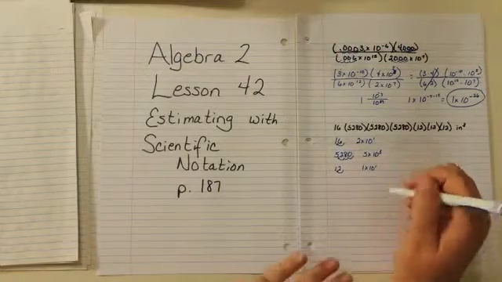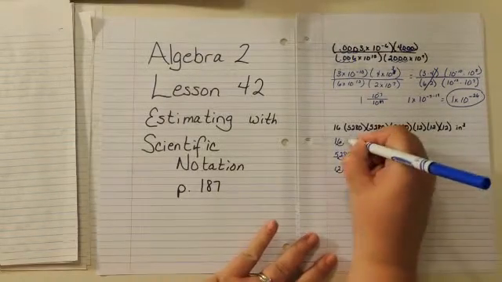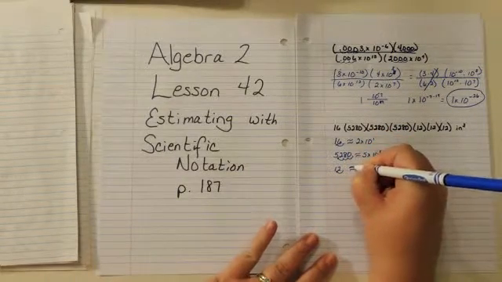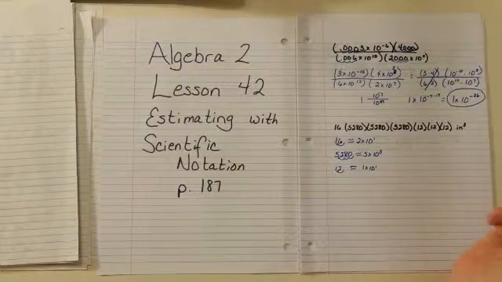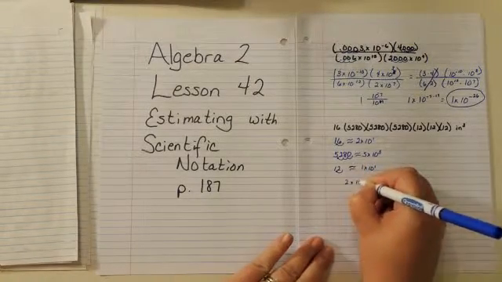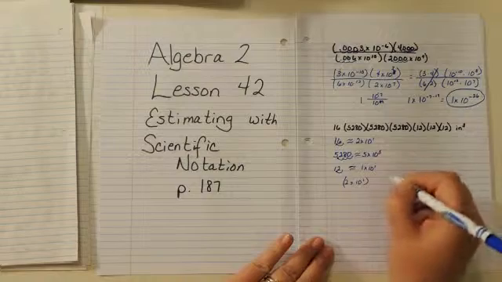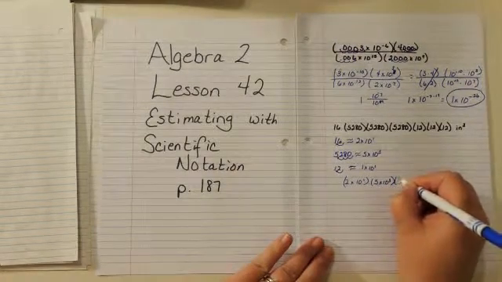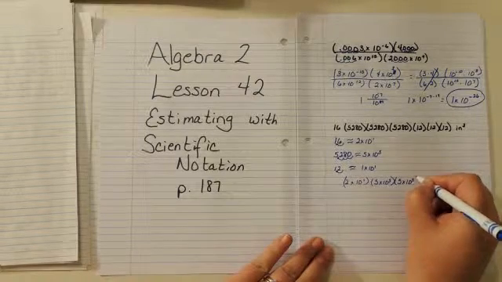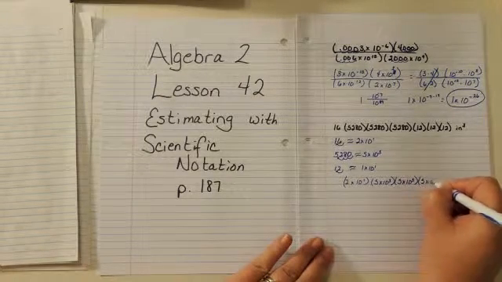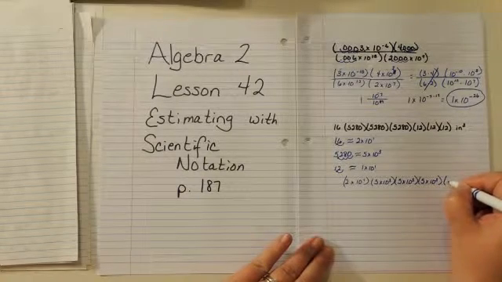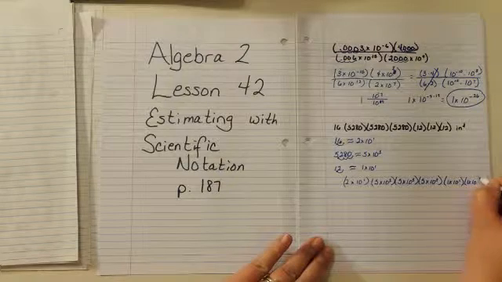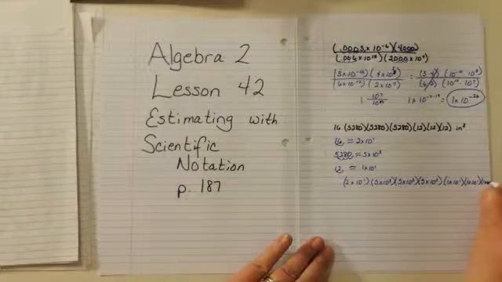So when we put this back together in estimated form, these are not equals, these are estimations. We're going to have 2 times 10 to the 1 times 5 times 10 to the 3 times 5 times 10 to the 3 times 5 times 10 to the 3 times 1 times 10 to the 1 times 1 times 10 to the 1 times 1 times 10 to the 1.